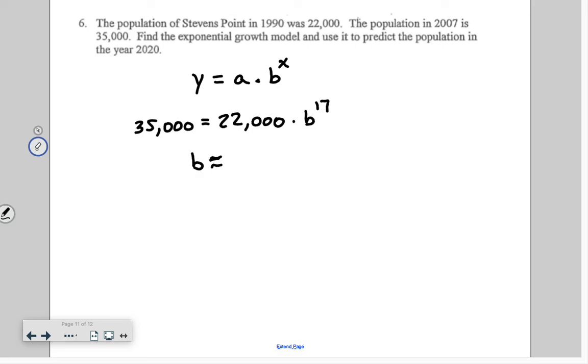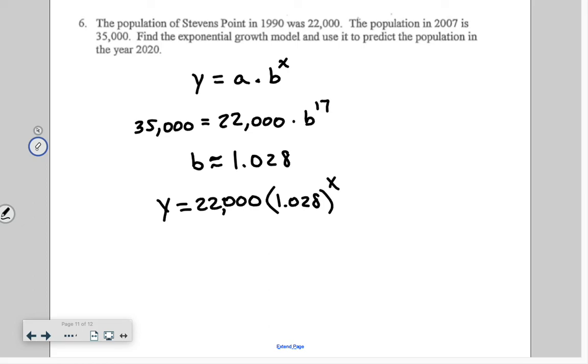Yeah, you want to take the 17th root, which is the 1/17th power. Okay. And if you do that, you should get approximately 1.028 as your multiplier, your B value. So there's your equation. There's the exponential equation that's modeling this Stevens Point problem.